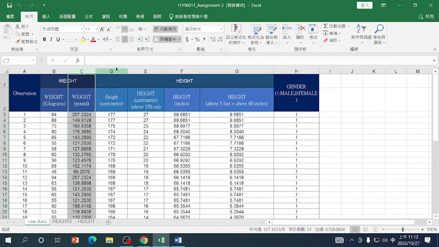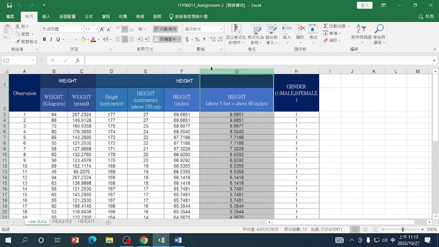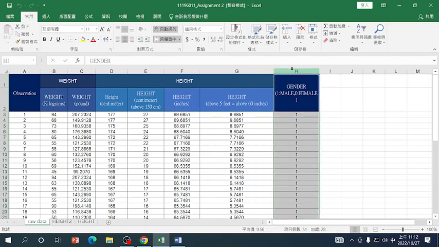And the height, we have the height in centimeters, and I have calculated to inches, and this is for above 5 feet data. And for gender, I entered 1 to represent male and 0 to represent female.